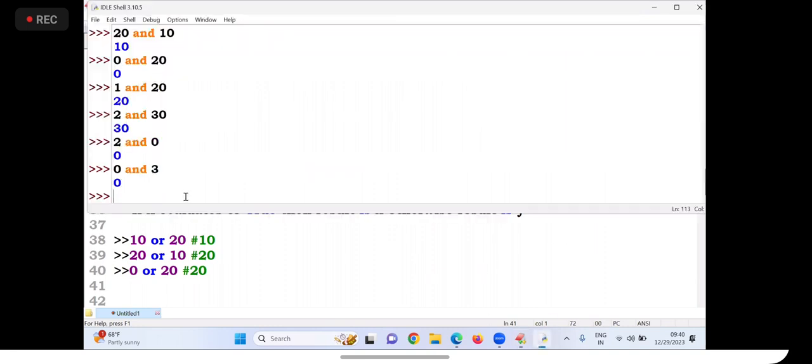I will execute. You have to check it, sir. 10 or 20: the first one is true, so the first value. 0 or 20: the first one is false, so the second one is the result, 20.